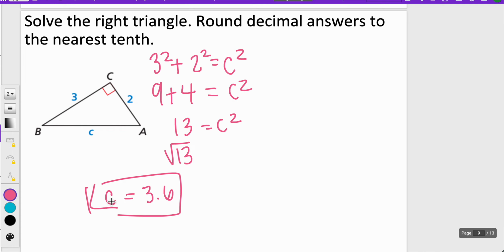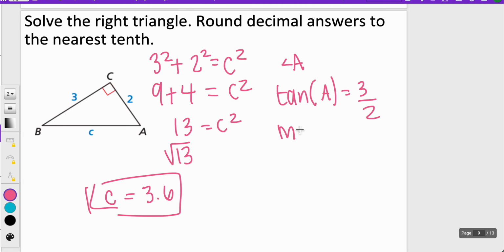Now, to find the measurement of angles, I might want to start with one of my acute angles. So let's say the measure of angle A, and I am given my opposite and my adjacent. So we're going to find the tangent of letter A. Okay, so opposite is 3 and adjacent is 2.